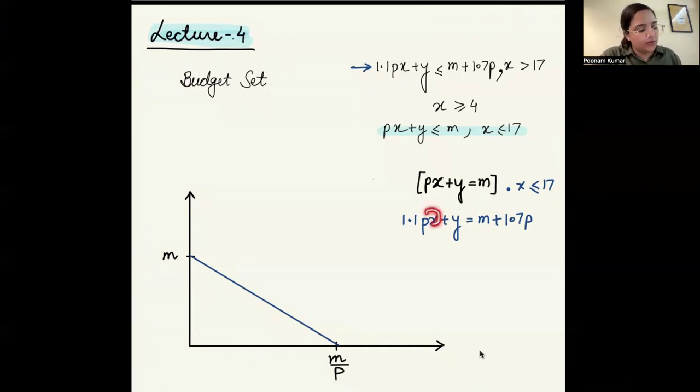M plus 1.7p. Is this greater than m or less than m? Greater. So this is going to be something greater than m, so it will be a little above, right? So m plus 1.7p.